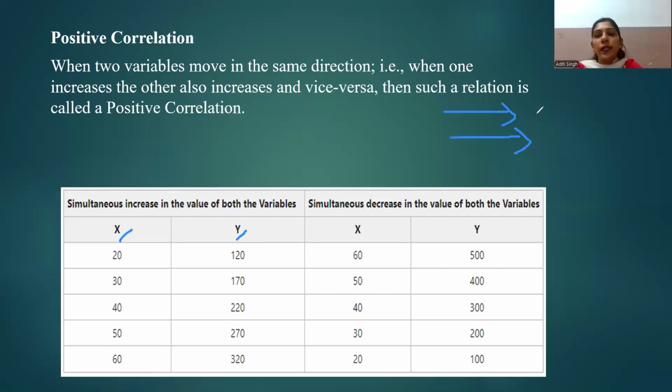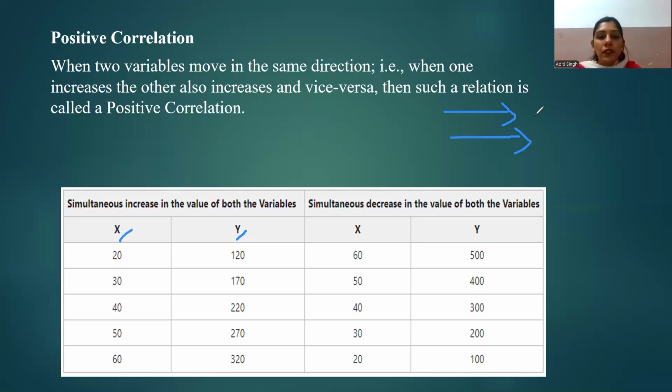It means if one variable is increasing, then the other, on average, is also increasing in the same direction. If one variable is decreasing, then the other is also decreasing. Then the correlation is said to be positive.